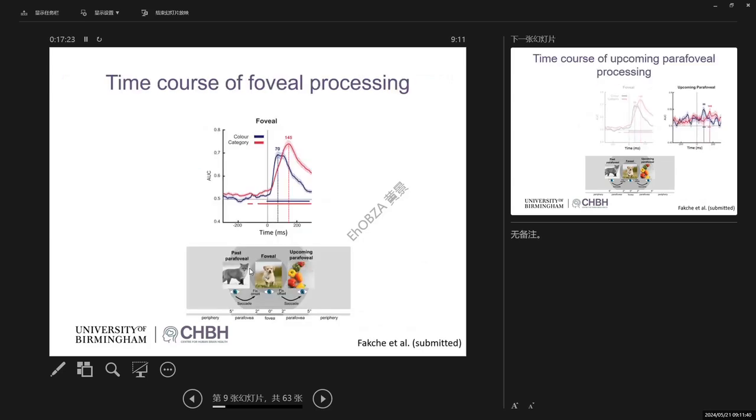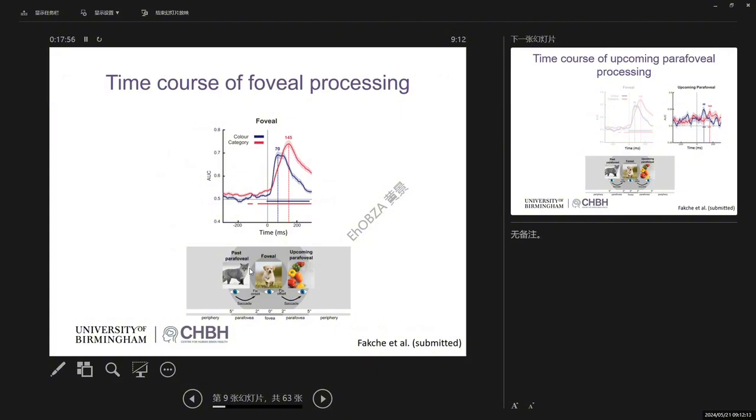So here comes the first result. This is when decoding what people actually are fixating at, right? And you already know from the literature that this is possible. What you should appreciate here is that at about 145 milliseconds, there's a peak in the decoding of the category of the objects, also consistent with the literature. However, when we consider the decoding of the feature, meaning the color, we can do that at 70 milliseconds, right?